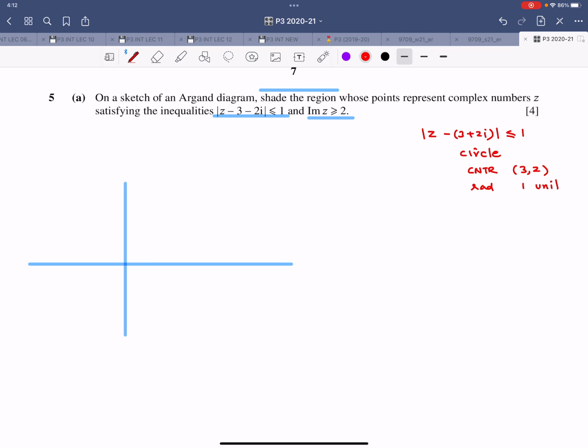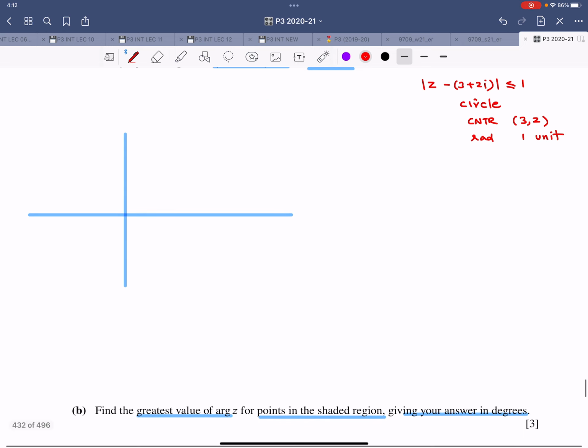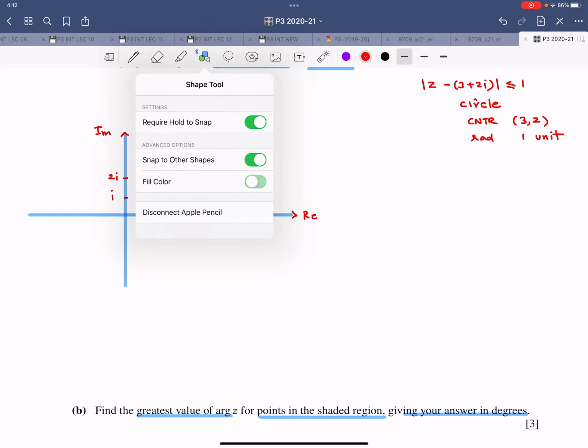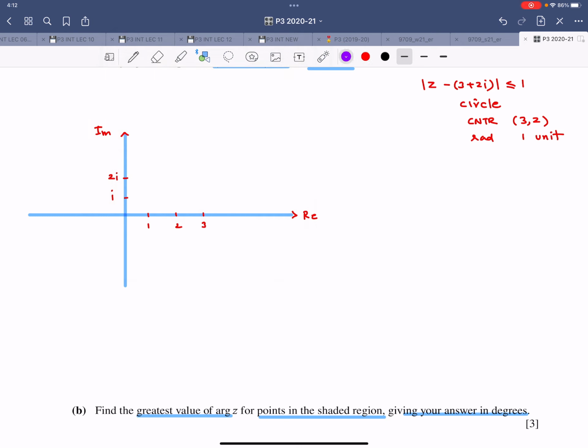So this is 1, this is 2, this is 3, this is i, this is 2i. This is the real part, and this is the imaginary part. And you draw a small circle without any shading for right now.